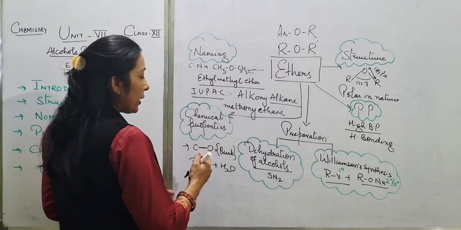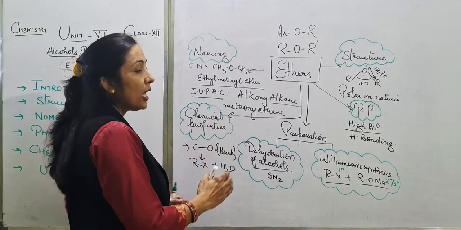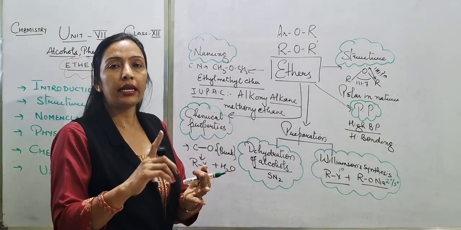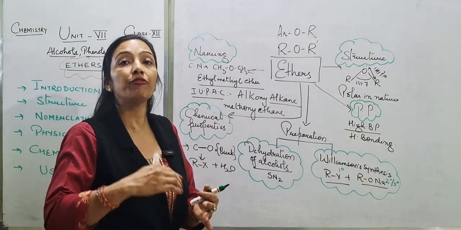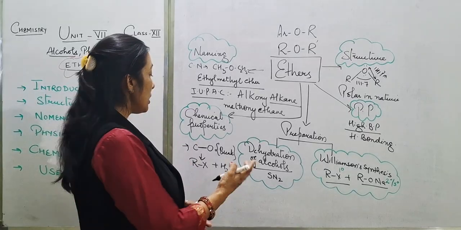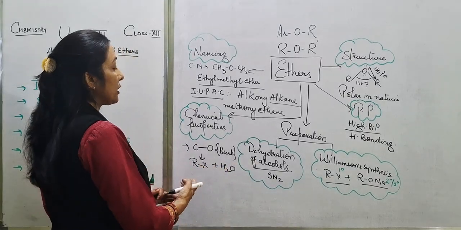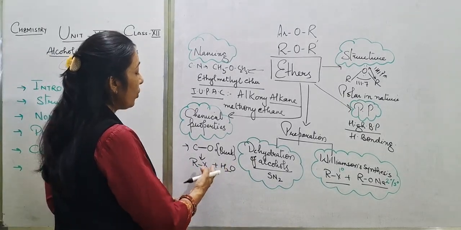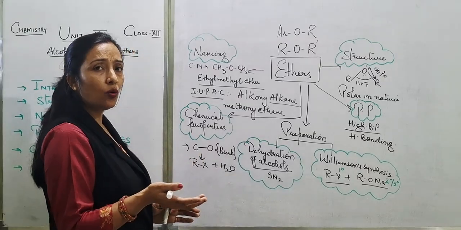If it is simple and if it is mixed, then we get alkyl halide and alcohol. And if we take excess of the reagent, then we will get alkyl halide and water.